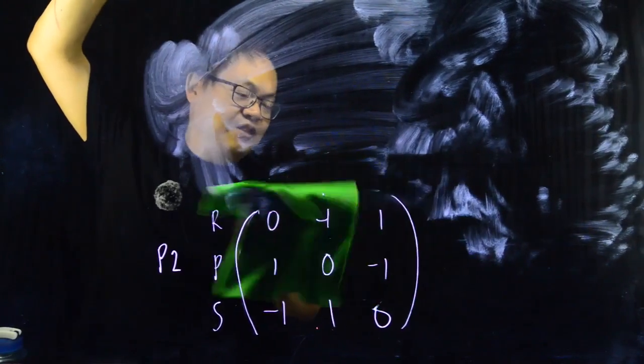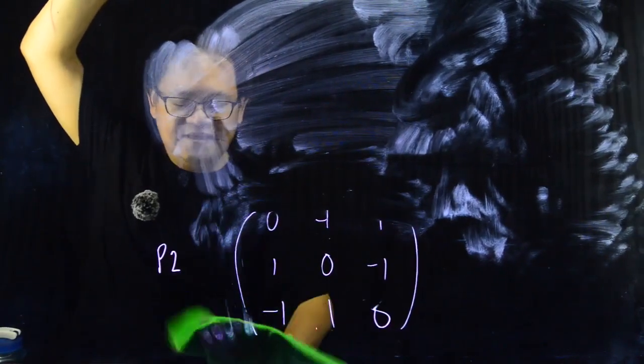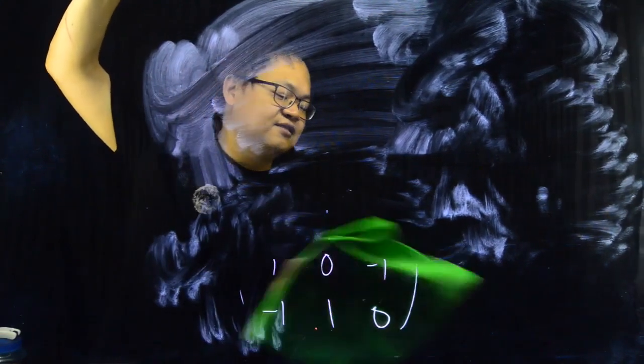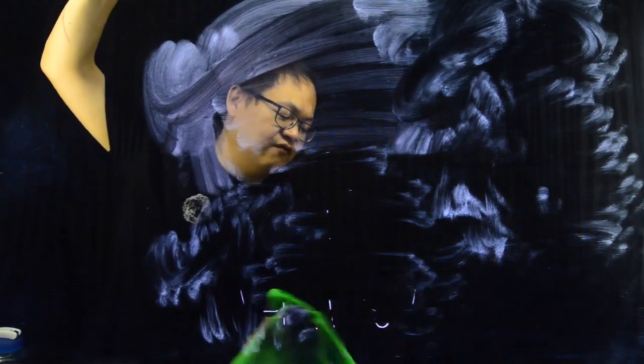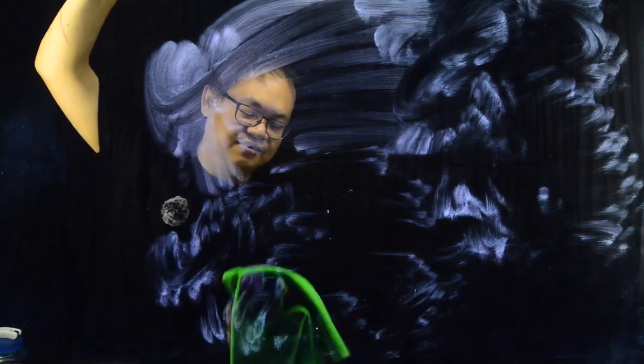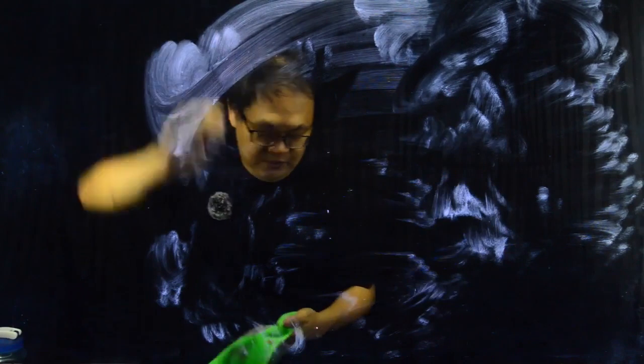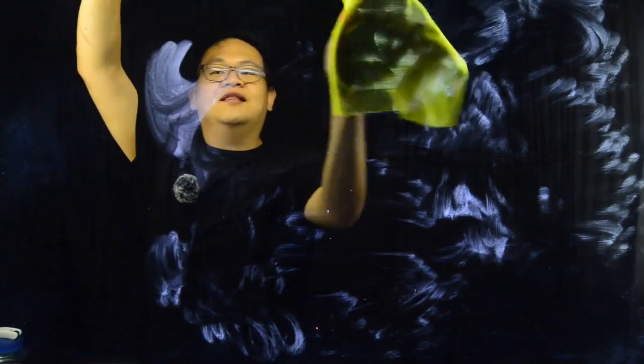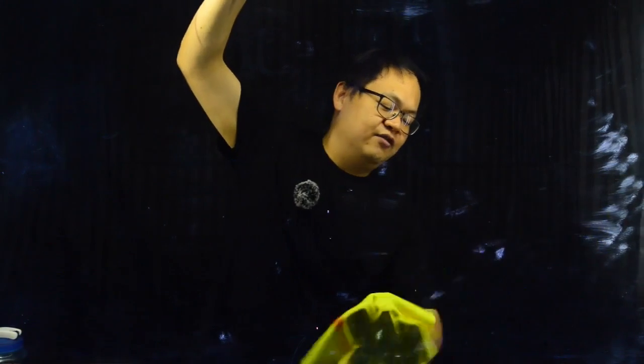But what is a dominated strategy? A dominated strategy is a strategy such that there is another strategy that is at least as good whatever the opponent does. Okay? Again, a dominated strategy is a strategy such that there is another strategy that is at least as good whatever the opponent does.